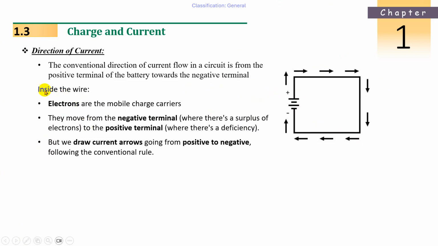In the general schematic diagram, we call it conventional current, not normal current. Actual current is from negative to positive, but conventional current, how we denote it, is positive to negative.